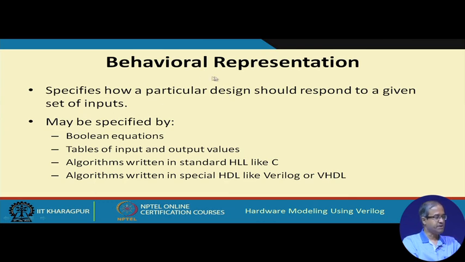Some examples of behavioral representation are Boolean expressions, truth tables, table of input and output values. You can write algorithms in some standard high level language like C, that is also a behavior, or algorithms written in hardware description languages like Verilog or VHDL. These are all examples of behavioral representation.